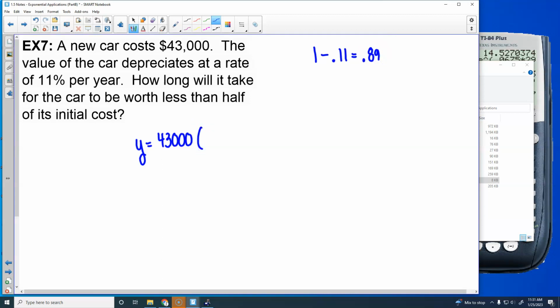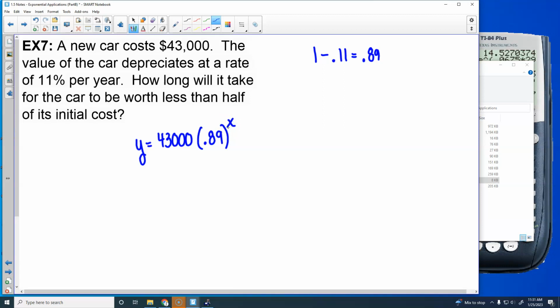You can think of this as not the percent that the car loses, but the percent of value that it keeps that you want there. If it lost 11% of its value, it kept 89% of its value. That's the number that goes right here, and it should be less than 1. And then we put an x right here. We don't know what that is.